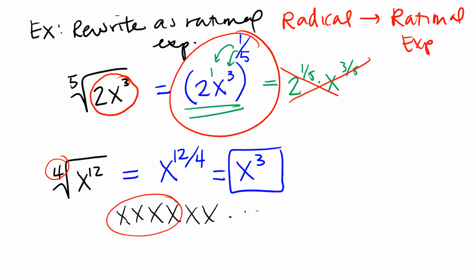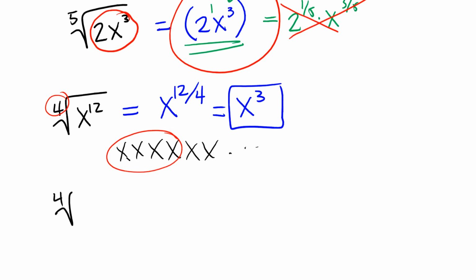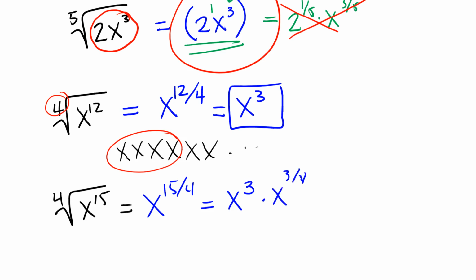Even if I have something that doesn't divide evenly, the 4th root of x to the 15th power, well, this is, rational exponent-wise, 15/4, which is x to the, and then let's think about our mixed numbers here. This is 3 3/4, so this is x to the 3 times x to the 3/4, because 12/4 plus 3/4 is 15/4.